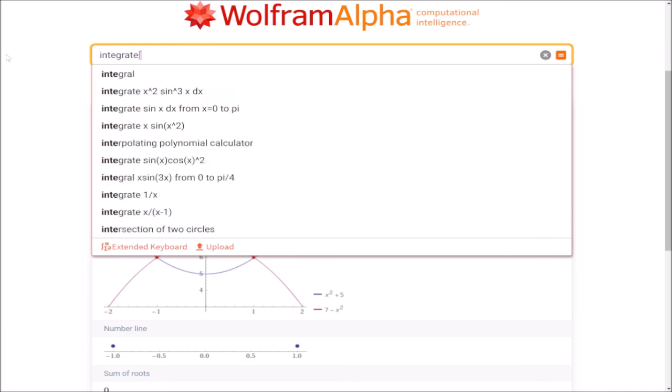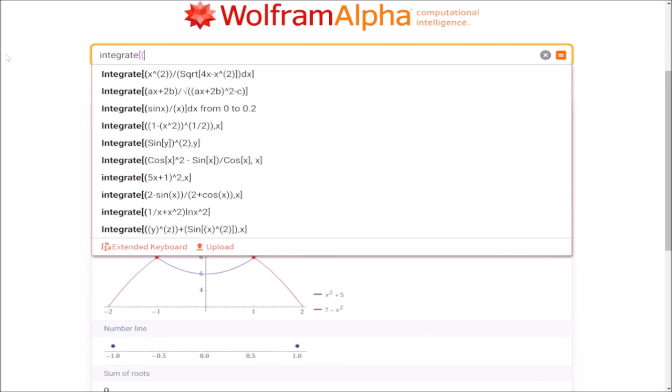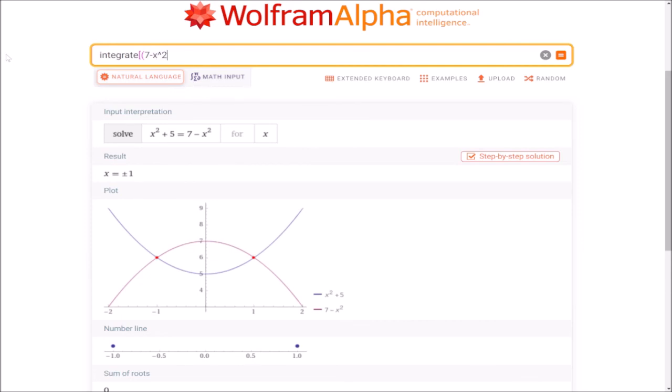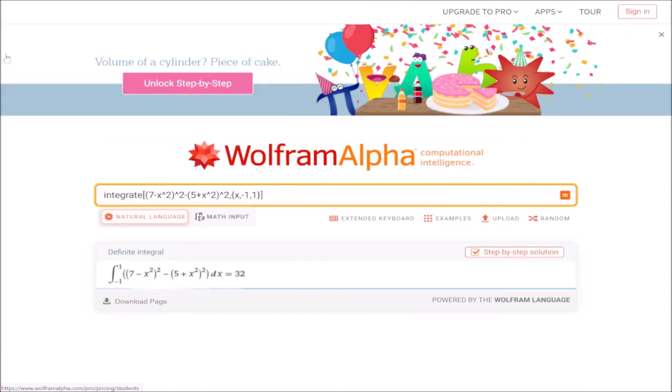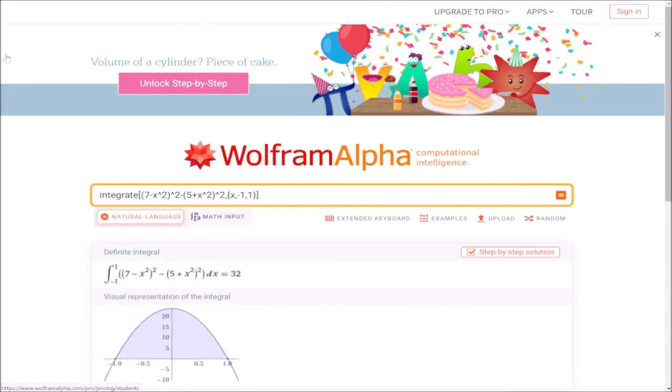So integrate 7 minus x squared, squared, minus 5 plus x squared, squared, with respect to x, from -1 to 1. We get 32.